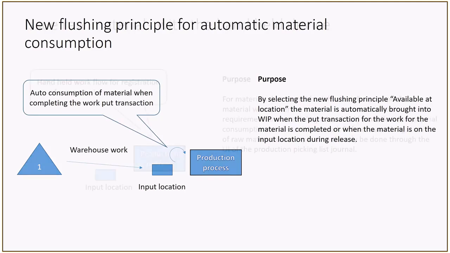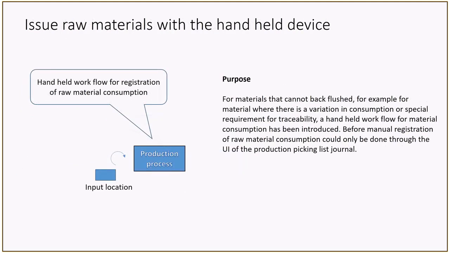So the next one I'm going to move to is a new handheld flow for issuing raw materials with the handheld device. As I showed you now, we use the new flushing principle to consume material. We did that with this available at location flushing principle.